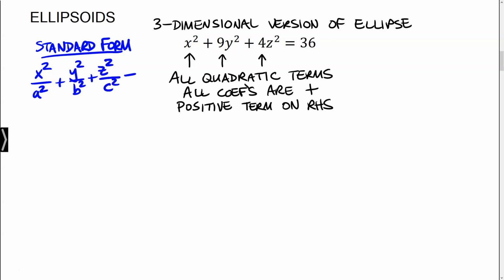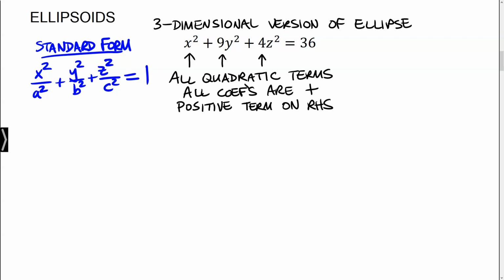If you think about when you're studying ellipses, this should make a lot of sense, because the standard form for an ellipse centered at the origin was x squared over a squared plus y squared over b squared equals 1. So all we're doing here is adding an additional z squared term. It's very similar.